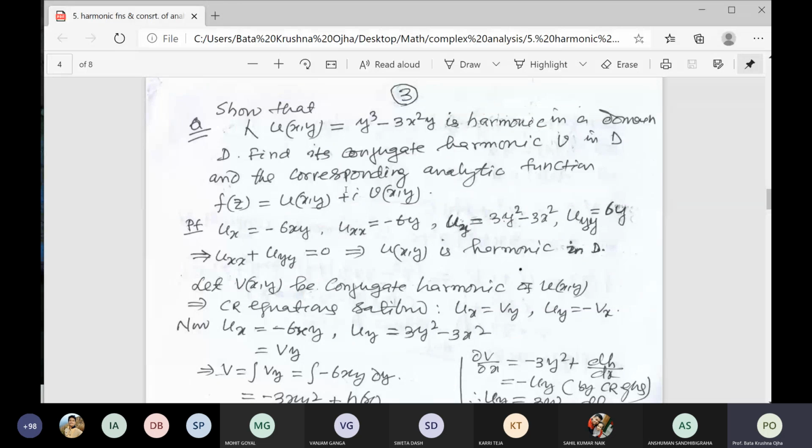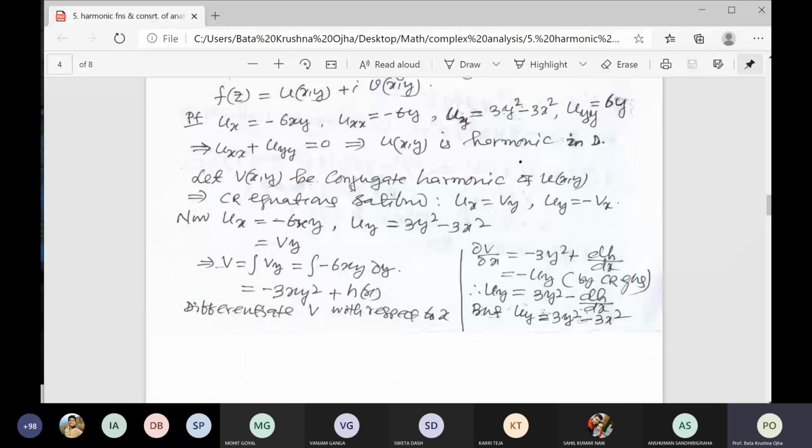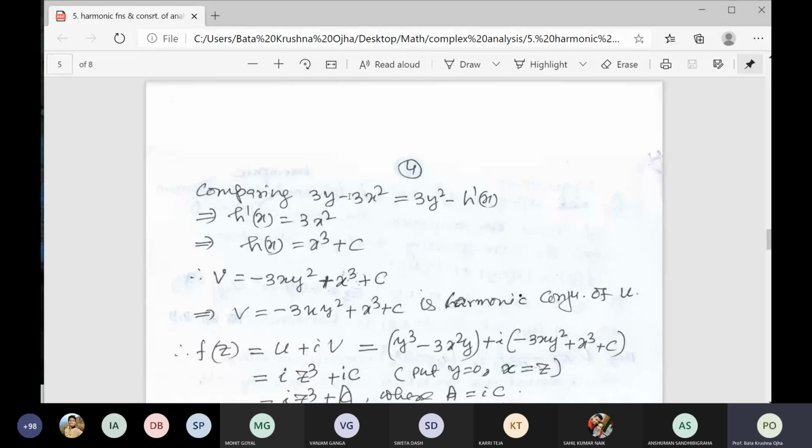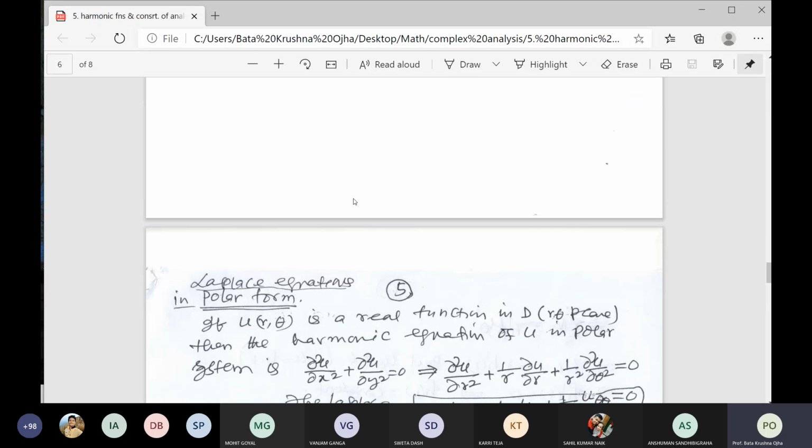Now the Laplace equation in polar form. Already you know the Laplace equation in rectangular form, del square u by del x square plus del square u by del y square, and similarly for v.